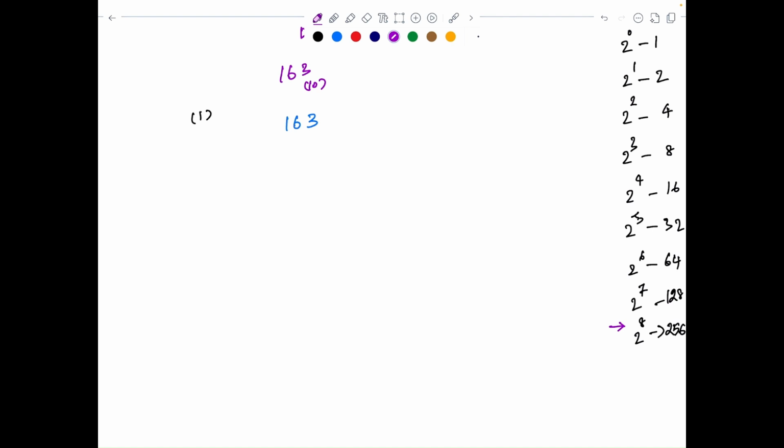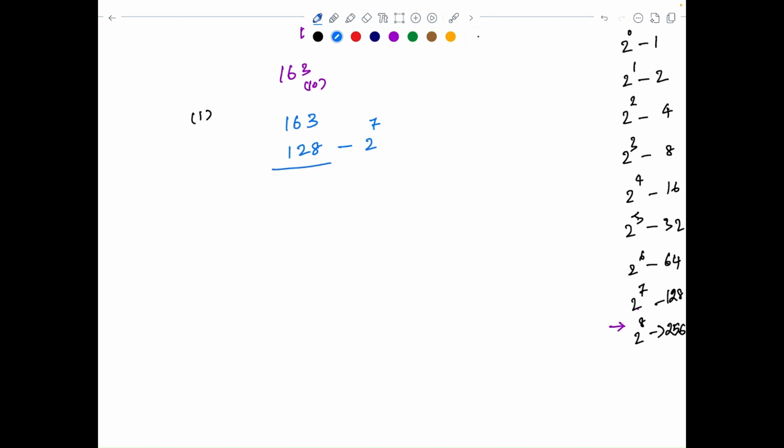So I have a representation for 2 power 7, because 128 is smaller than 163, but 256 is much bigger than 163. That means I don't have any representation for the 2 power 8 bit. So I'm going to say 128 here, and I have a 2 power 7 representation here.